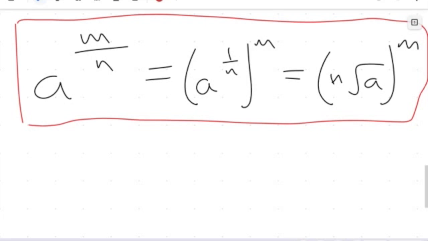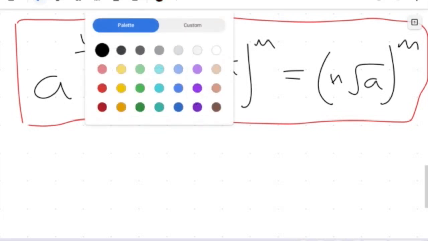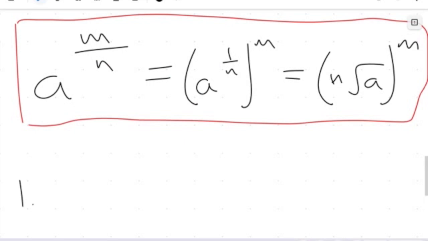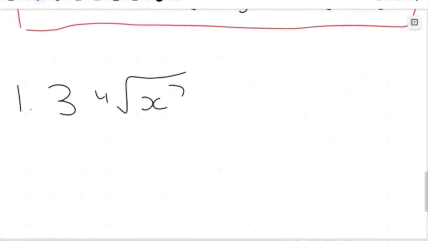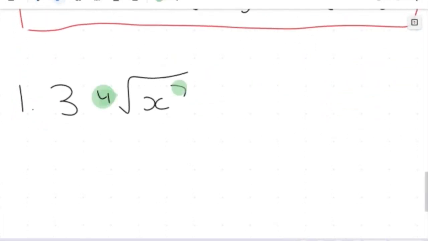Okay, let's try some trickier ones for the practice questions. We have 3 multiplied by the 4th root of x to the power of 7. Now, we need to determine which of these numbers goes where when we write this as a fractional index, or in index form. And also, a multiplication here is implied.